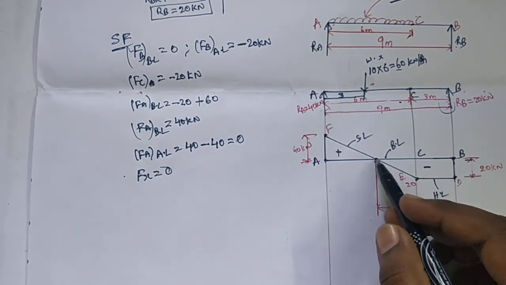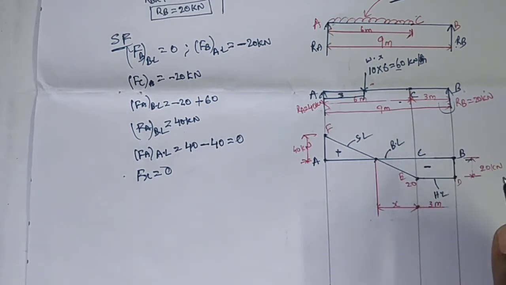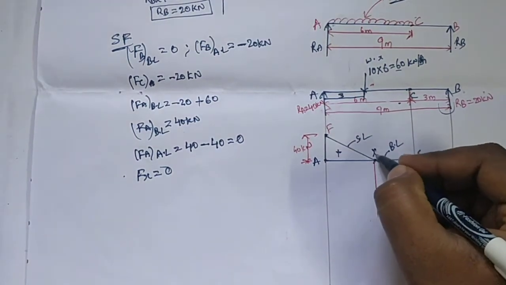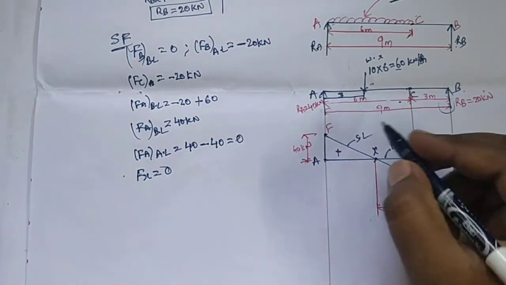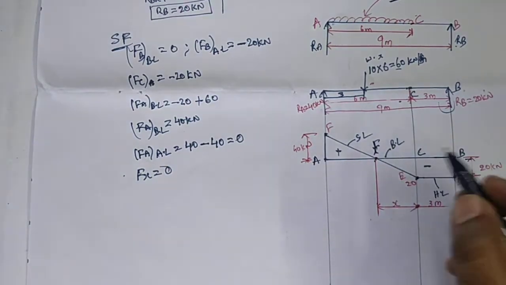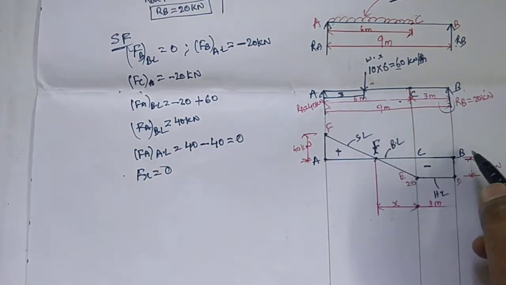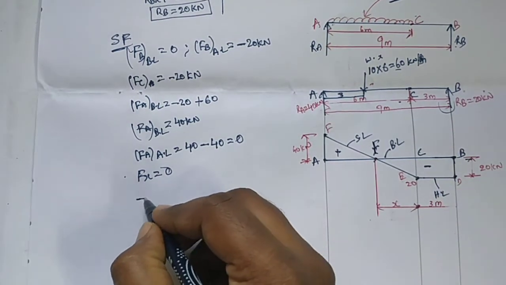On the point there is no load, so we calculate the right side of this x. Therefore shear force is 0. At this point, the right side has one shear force, that is minus 20.